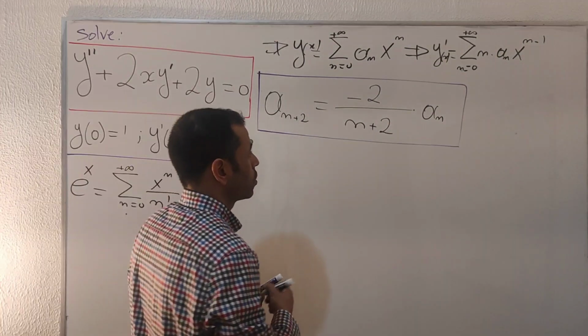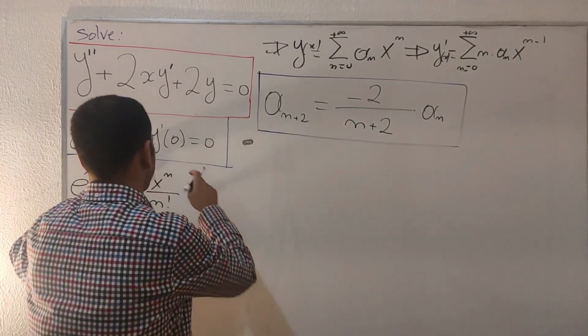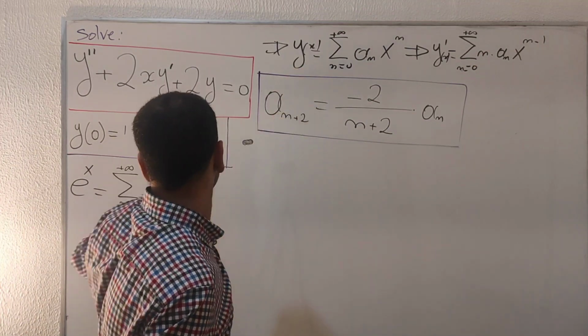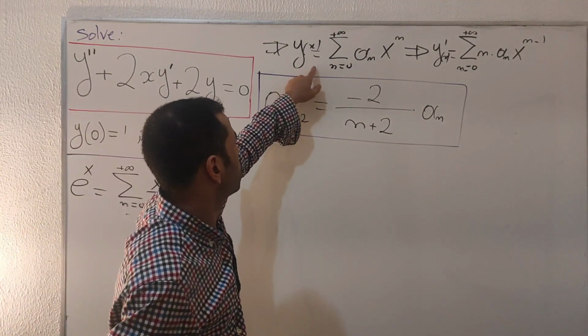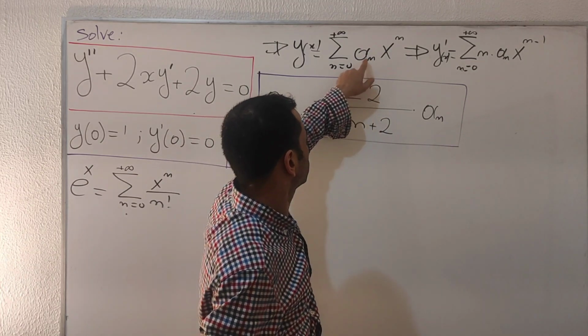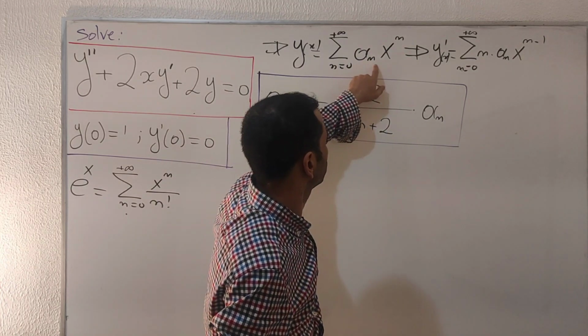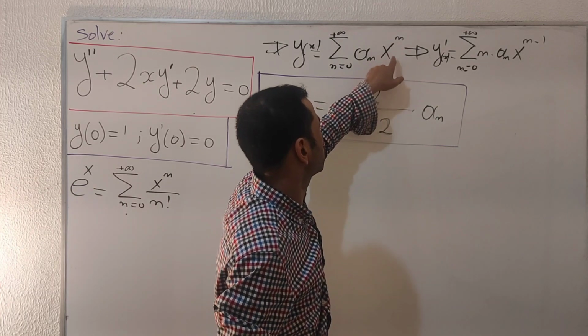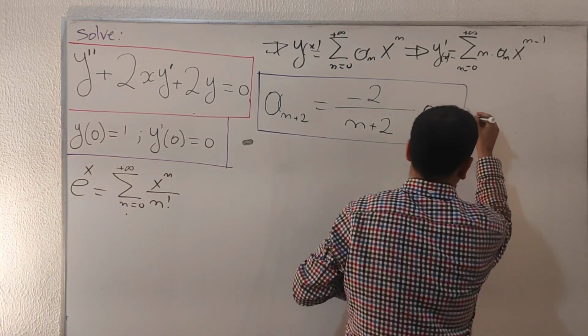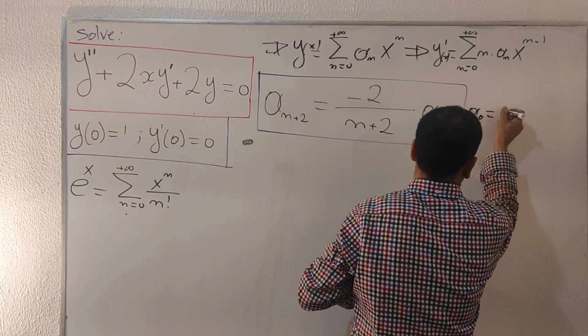By using these conditions, if I replace x with 0, I get y of 0, and replacing n with 0 here, I get the first term e sub 0 multiplied by x to the 0, which is 1. So I will have e sub 0 equals 1.